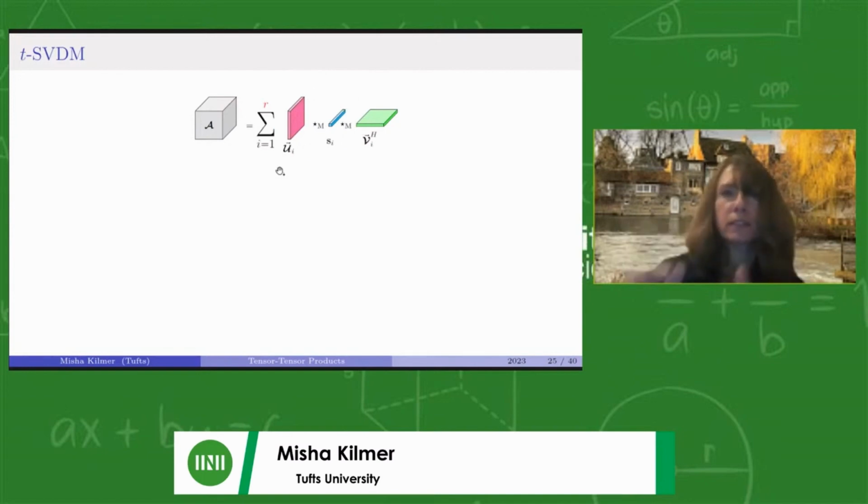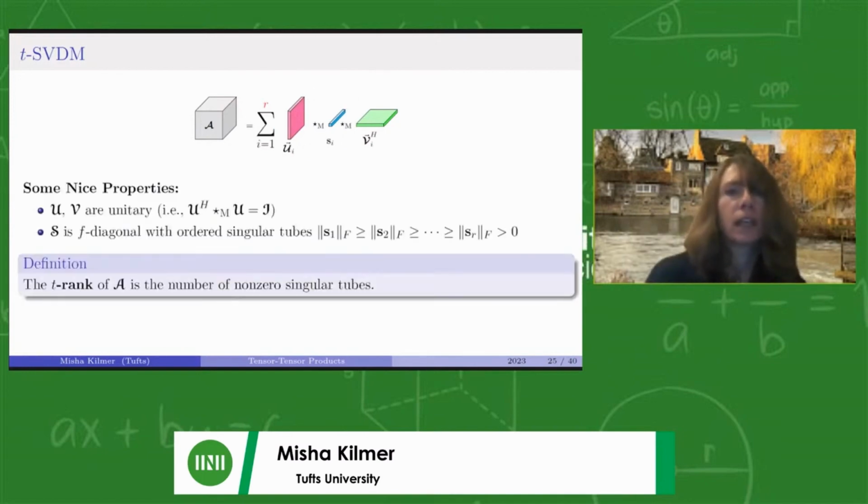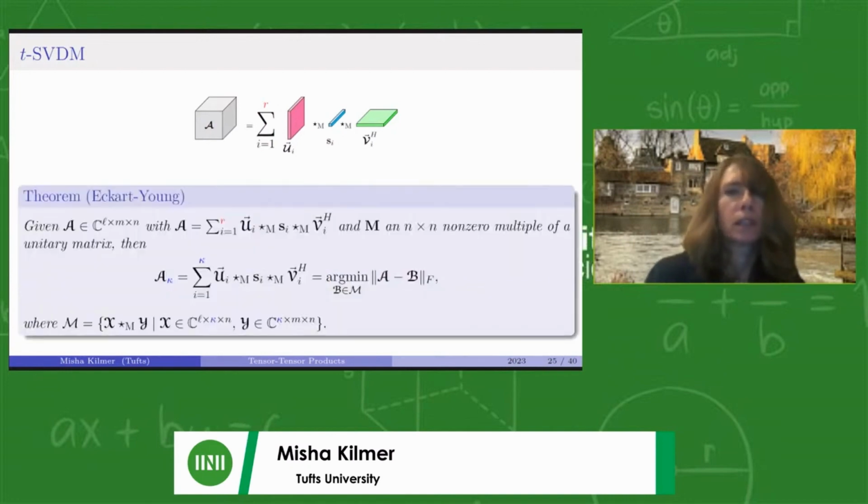It's basically this outer product looking thing. And the T-rank in this case is then the number of those non-zero singular tubes that I'm keeping. This is different than the CP rank, I should mention that.